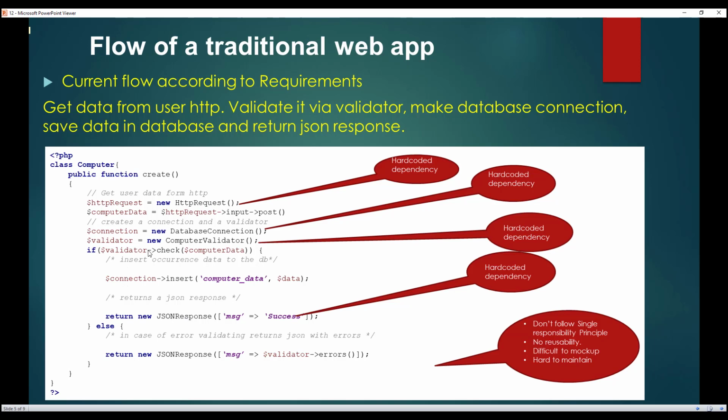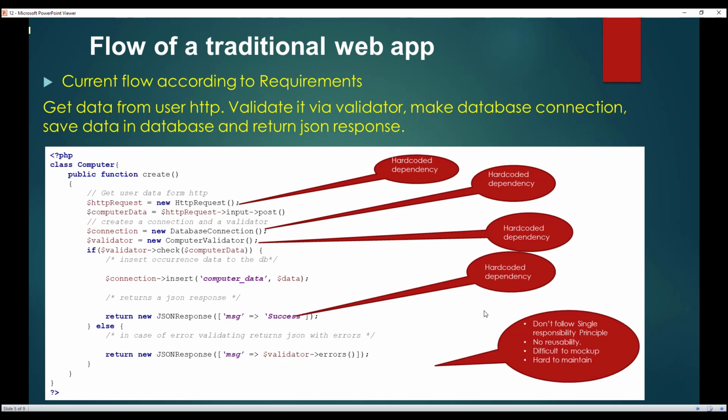And here is the else part: if the data is not correct or there is any ambiguity in our data, we return an error generated by our validator class.